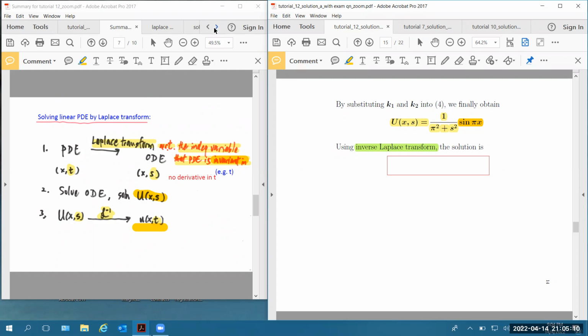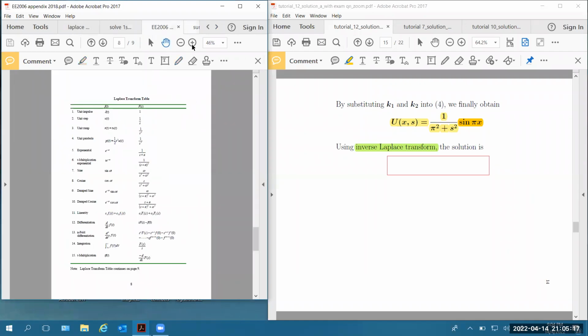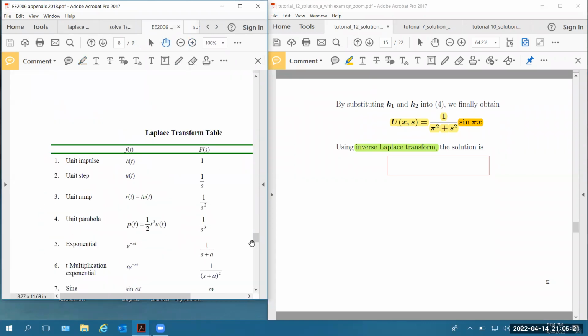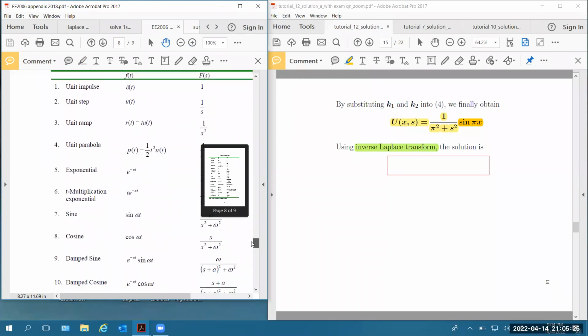So let's see our Laplace table. Here is our Laplace table. So what do you all think? Can we see? It's one of these.